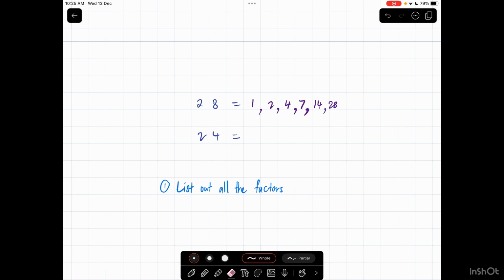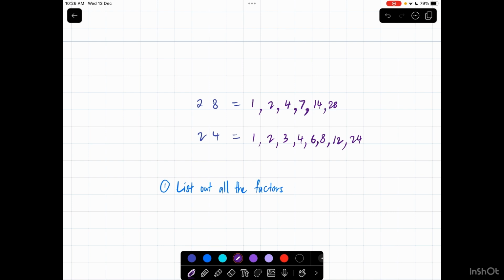And let's move on to 24. Let's not forget the rainbow method. 1 means 24, 2 means 12, then we have 3, which means 8, and 4, which means 6.